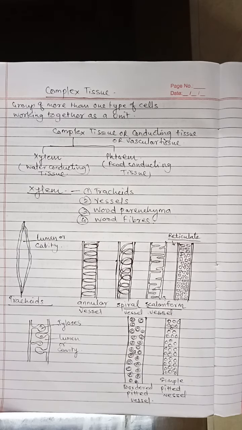Means the xylem, it is a complex tissue, water conducting tissue, and consists of four types of elements: tracheids, vessels, wood parenchyma or xylem parenchyma, xylem fiber or wood fiber, and their functions.